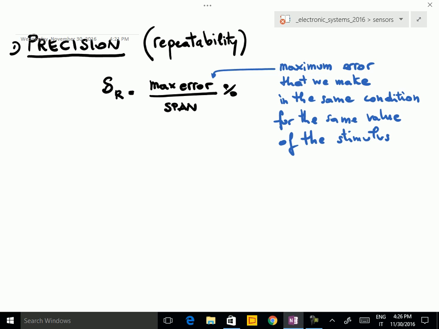Okay? So the reasons here are noise, memory or plasticity, and aging of the sensor.